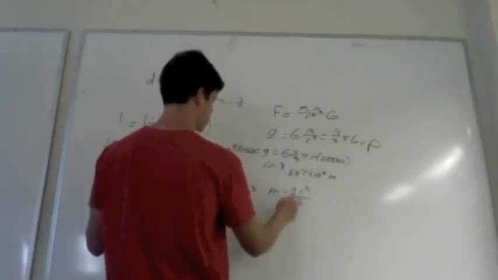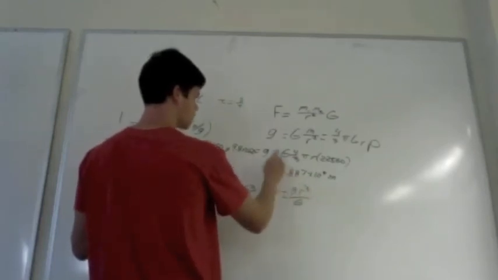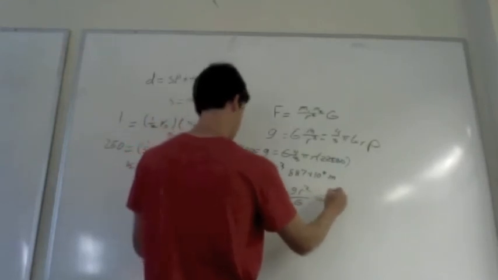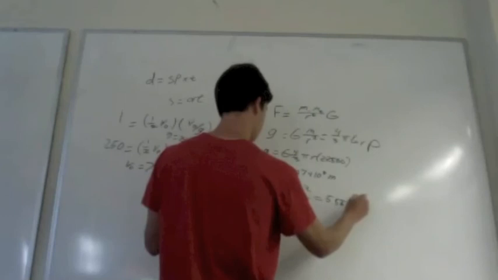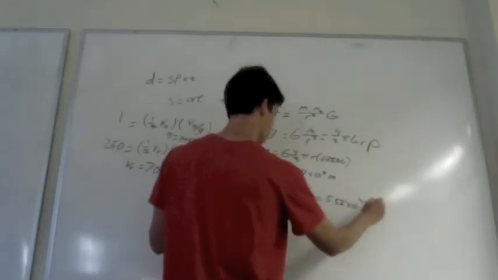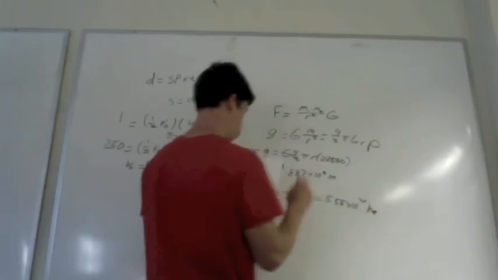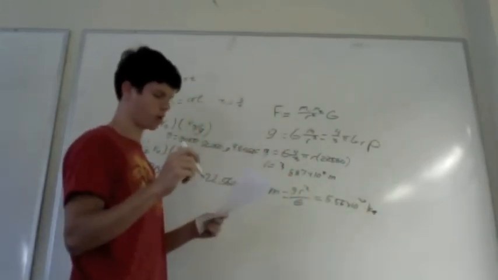Just plugging numbers in, g being that, r squared being that, gravitational constant being the gravitational constant. We find that the mass is 5.55 times 10 to the 30th kilograms. Right? And that is over 2 times the mass of Jupiter.